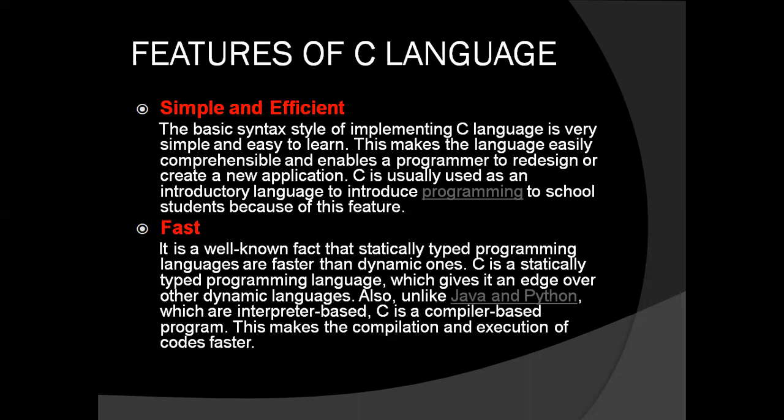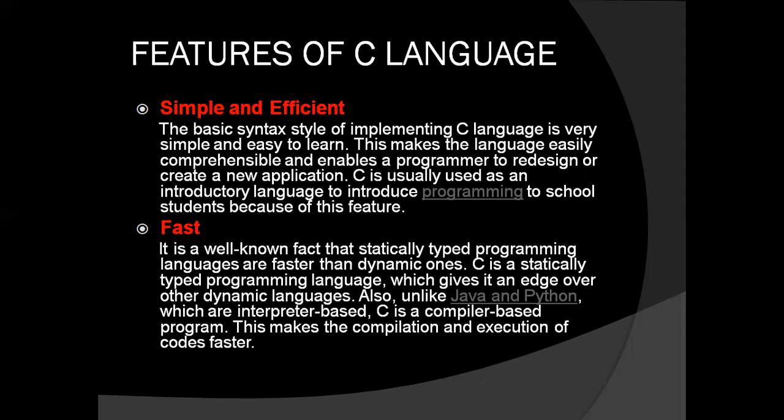Next, it is fast. So what does it mean that C language is fast, and this is a feature? It is a well-known fact that statically typed programming languages are faster than dynamic ones. Python is a dynamic one, and C is statically typed.